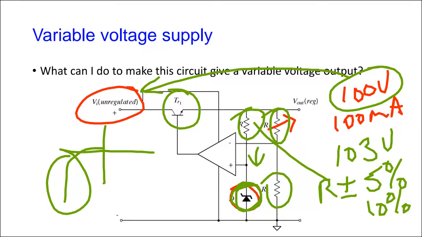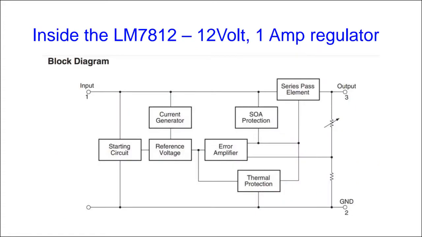And that's where the constant current supplies come in. So that's what they do inside of here, right? Inside of here, this current generator that they're talking about is really supplying a very constant, unchanging current to the reference voltage. So the reference voltage remains absolutely stable.